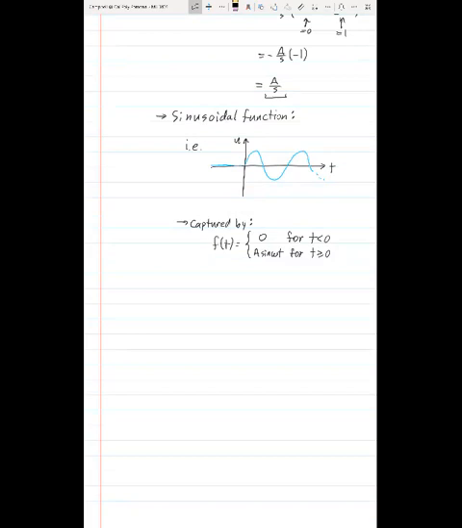So with that, let's go ahead and work with the Laplace transformation then of this particular function.